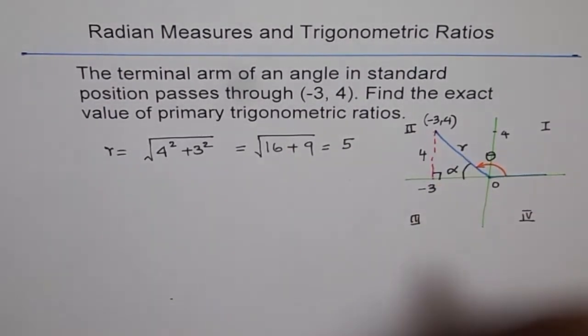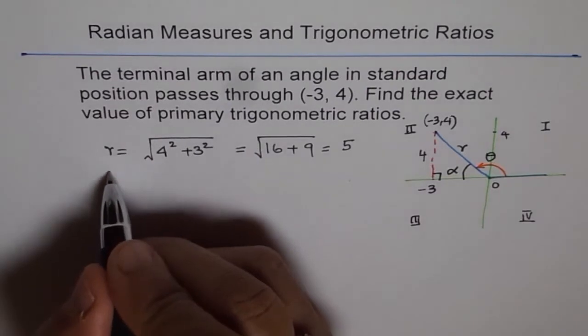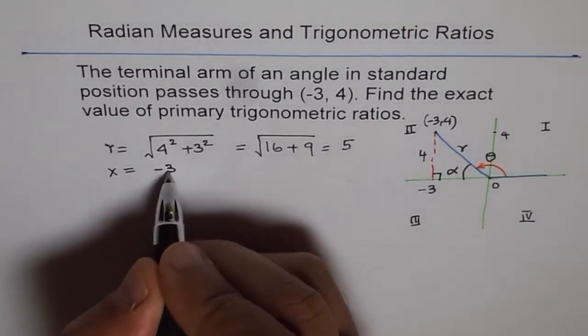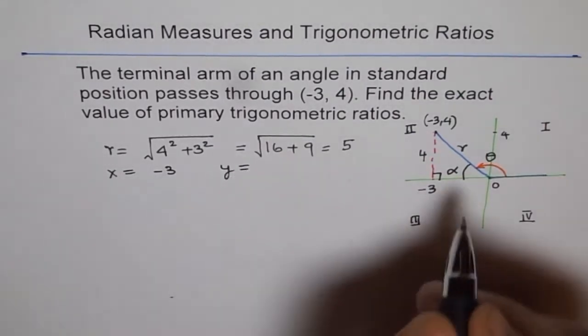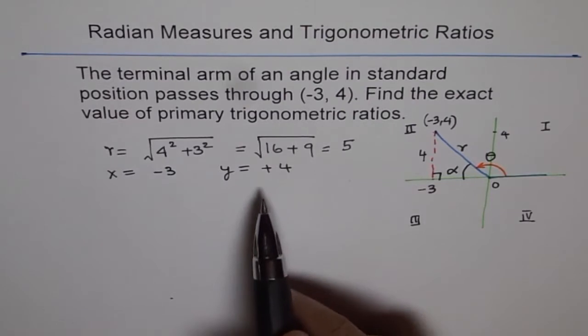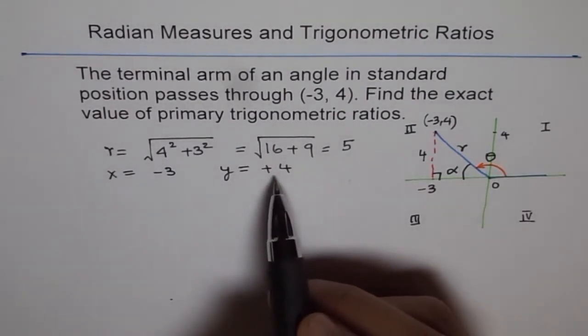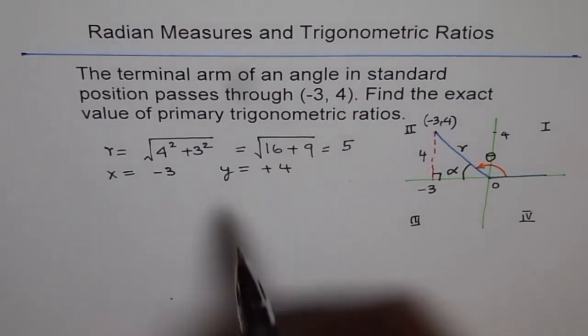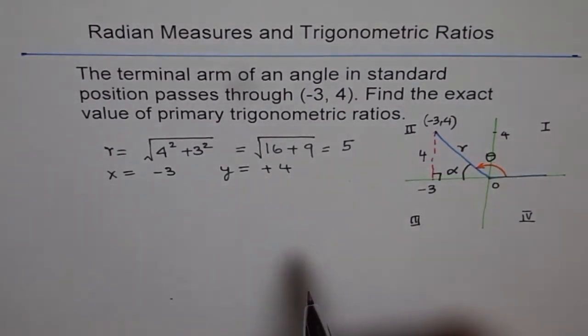So r is equal to 5 for us. We can write the value of x: x is equal to -3 and y is equal to +4. I'm writing -3 and +4 purposely because at times this point could be in different coordinates, and that straight away gives us the sign also.